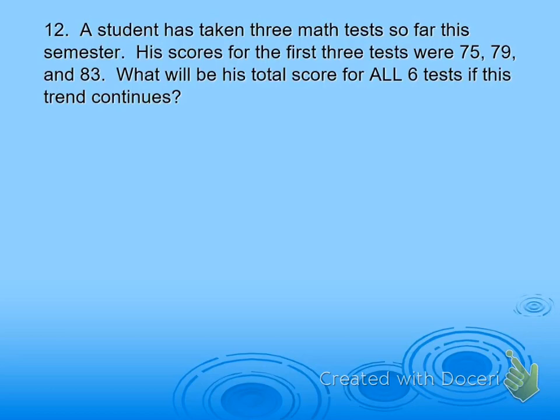We recognize that we're going 75, 79, 83. Let's just write them out. How's he increasing? He's increasing by 4, so 87, 91, 95. What would that last one be?